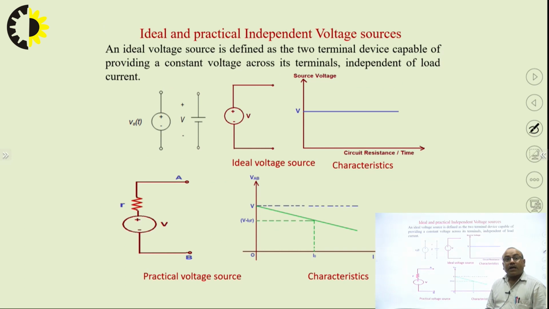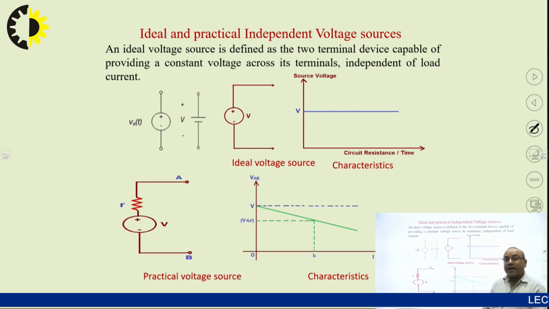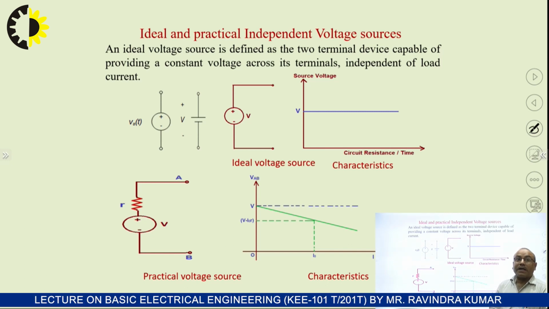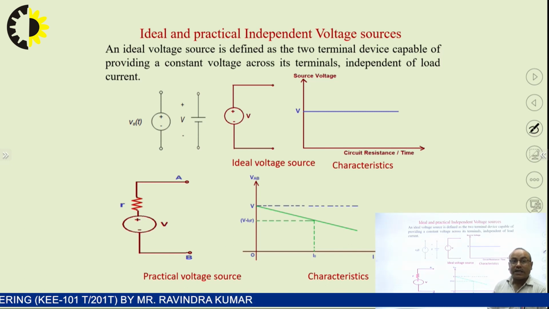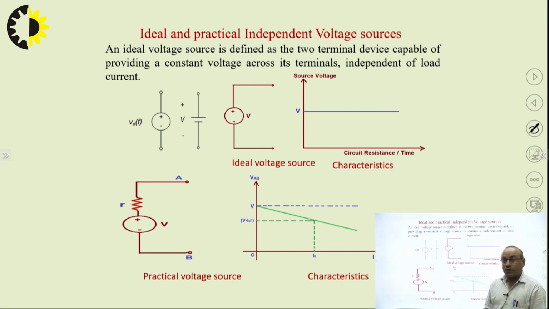Next, we have different types of energy sources. Basically there are two types of energy sources, one is voltage source and another one is current source. In these we again have subcategories, like in voltage source there are two subcategories, one is ideal voltage source and the second one is practical voltage source.